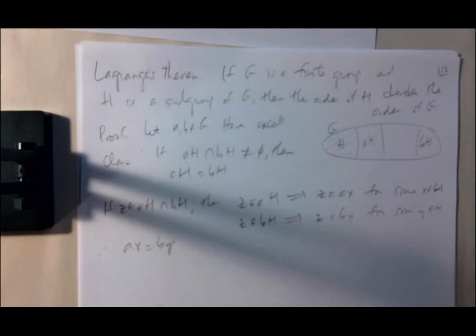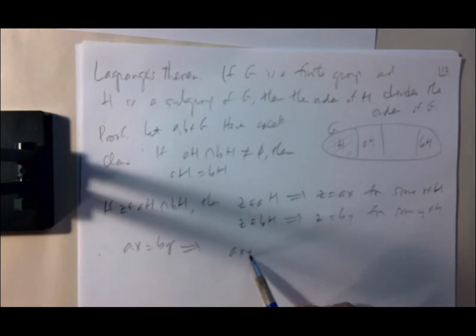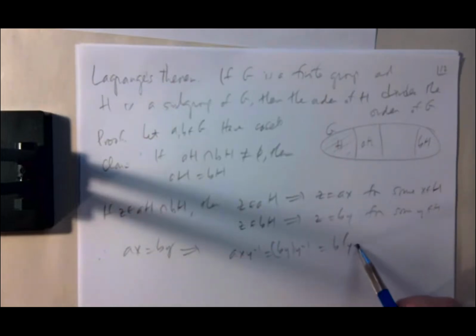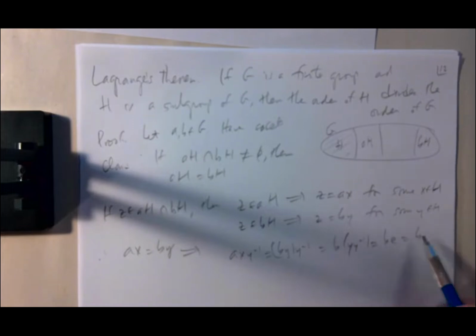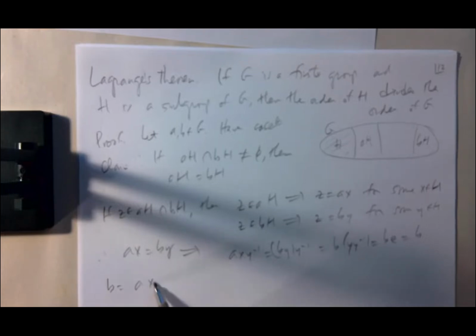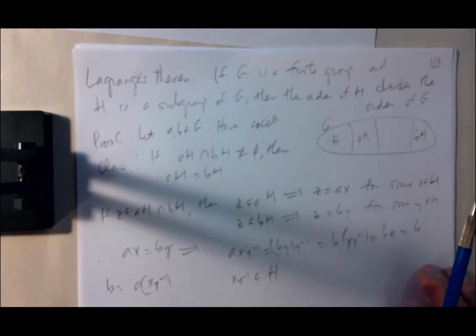And because H is a subgroup, I can multiply by Y inverse. So I have AXY inverse is BY times Y inverse, which is B times Y inverse, which is B times the identity, which is B. So B is equal to A XY inverse, and XY inverse is in the subgroup because X and Y are in H. So H is a subgroup.